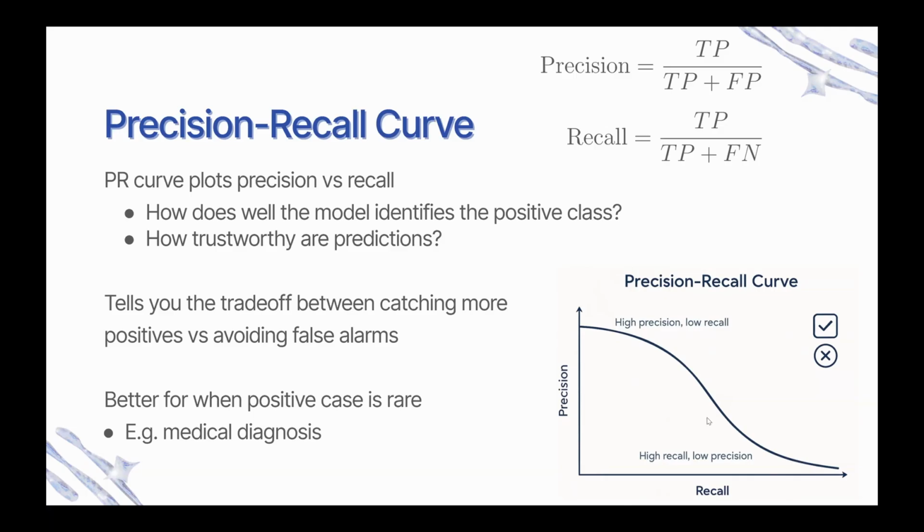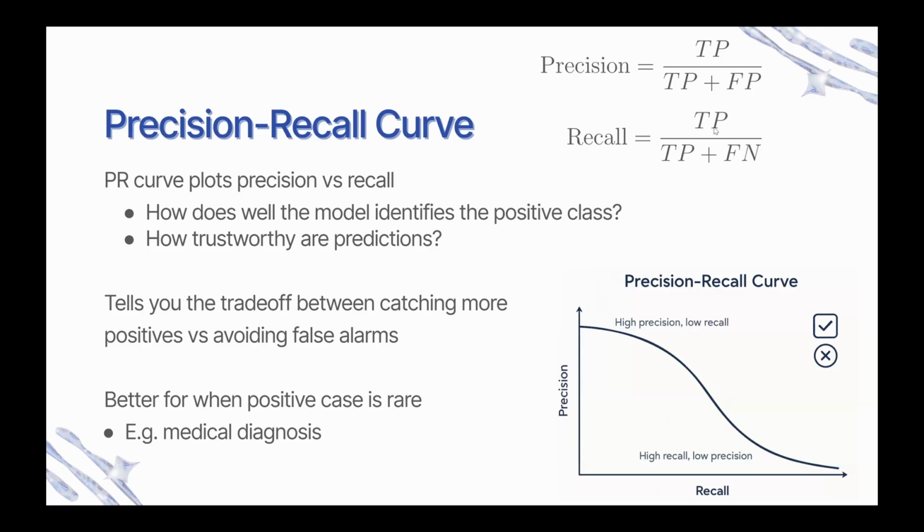And you kind of want a trade-off here, right? It tells you a trade-off between catching more positives, right? Because precision is catching more positives. Wait, no, sorry. Recall, I think, would be catching more positives. Okay.